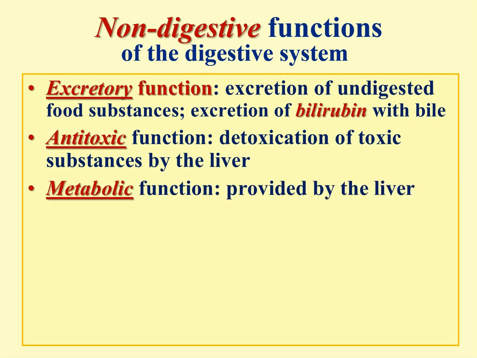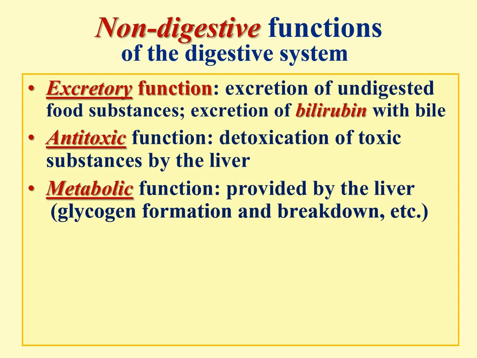One more, metabolic function, also predominantly provided by the liver. For example, glycogen formation and then breakdown to release glucose. Then also phospholipid synthesis, cholesterol synthesis, lipoproteins synthesis. Also albumins and other blood proteins formation, all this is performed by the liver.